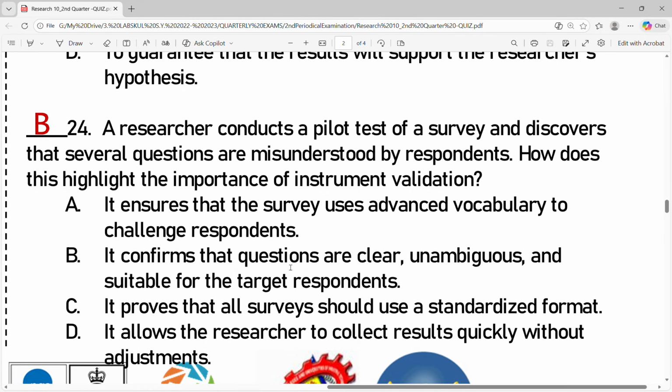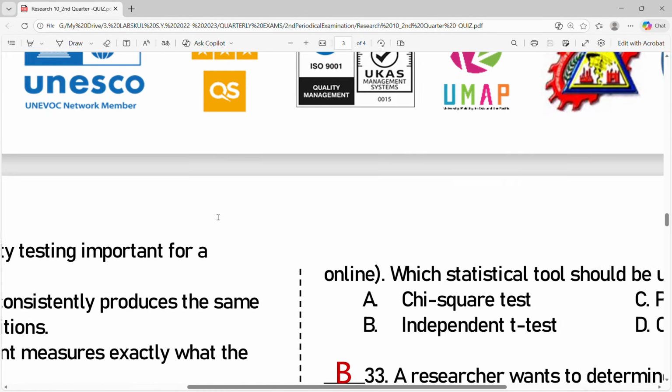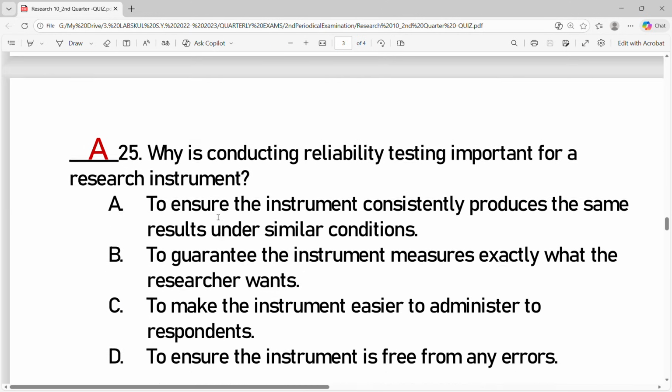If you use very sophisticated, complicated terms, your participants may not understand them, and that would have a significant negative effect on the results. So that's the reason why it is very essential to validate the instrument, because it would confirm that your questions are clear, unambiguous, and suitable for your target respondents. So the answer number 24 is letter B, bravo.